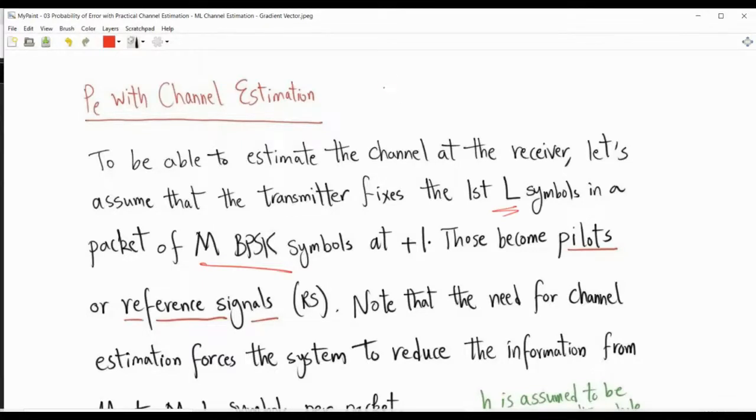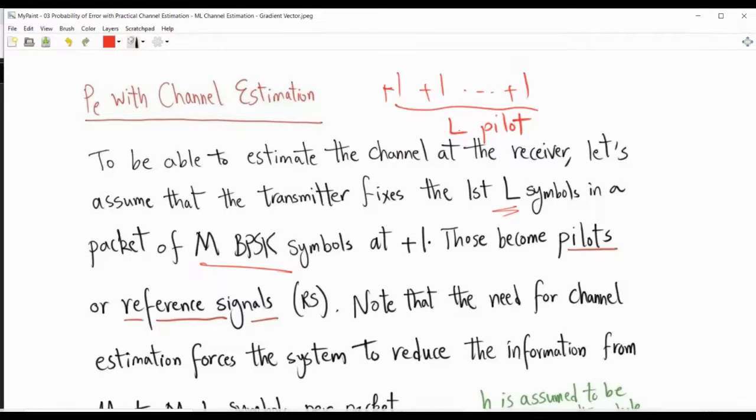Here I will just go for +1s. So we will send L pilot symbols or reference signals. Reference signals is the term used in LTE systems. If you read the LTE standard, they refer to the pilots as RS, reference signals. So we will have L pilots, and then we transmit our data.